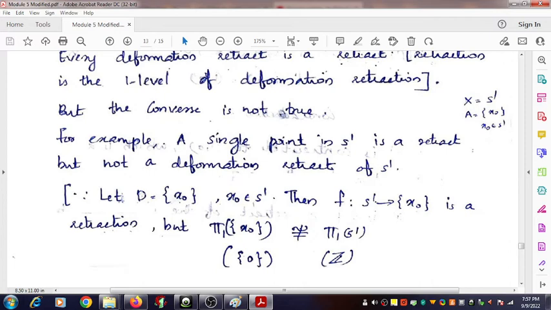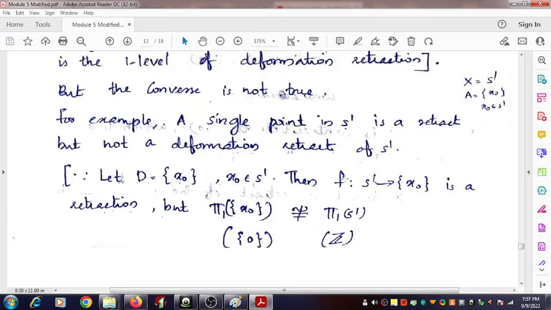So we can define the subspace D equal to the set {x0}, where x0 is in S1, and we can define a continuous function f from S1 to x0, such that f of x equals x0 for each x in S1. For each x in S1, we associate that image to the single point x0. This function is a constant function, so it is continuous.